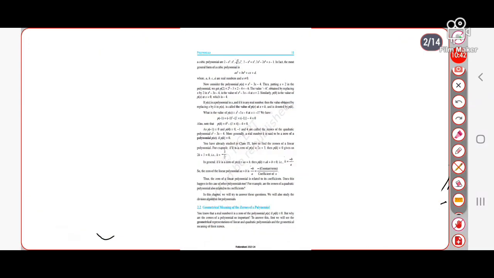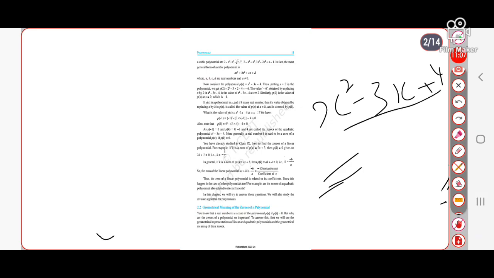Now take this equation again, as we saw, x square minus 3x plus 4. This is not a linear equation, this is a quadratic equation. How can we arrive at the zeros? We can use the splitting the middle term method for finding the zeros of this equation.